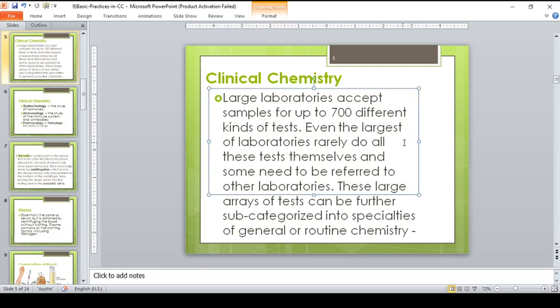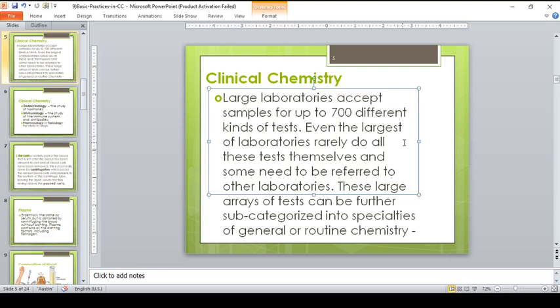In these cases, a laboratory can send a sample to a different laboratory which offers the test. For example, a clinical laboratory which is a tertiary may not have a test for, let's say, total iron binding capacity, because these are rarely tested.